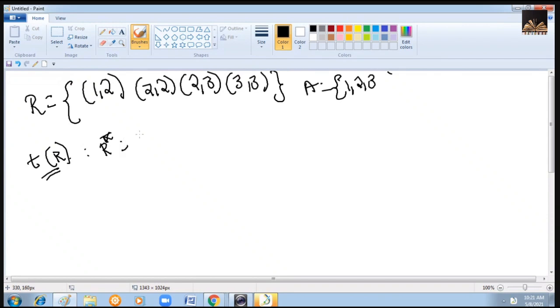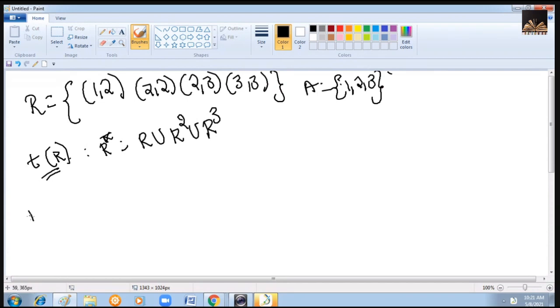It is equal to R union R power 2 union R power 3. Why? Because here we have only 3 elements in the given set.